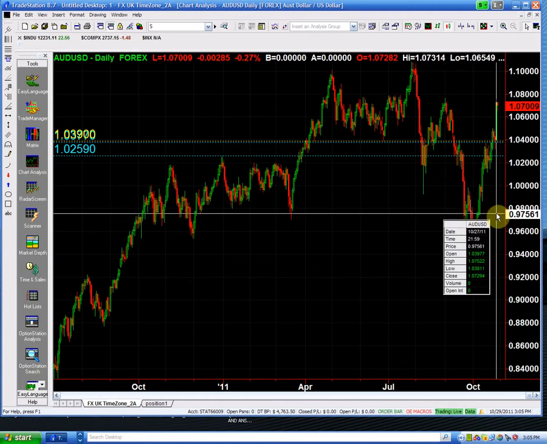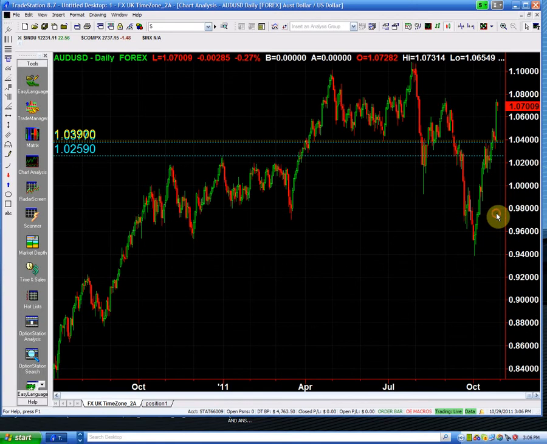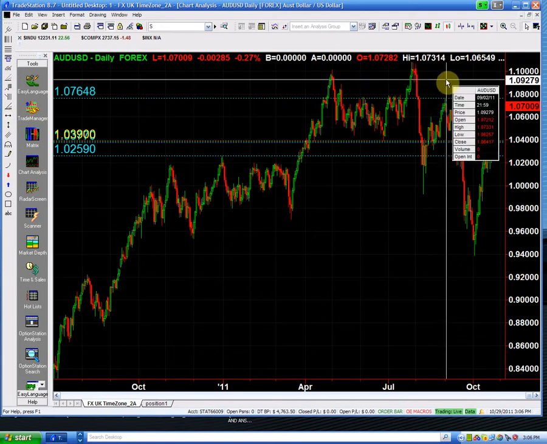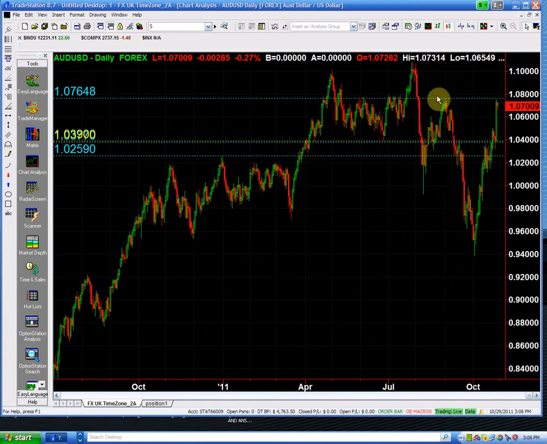The high that we put, we actually didn't test that high yet. The high was 107.50. So what we're going to do, on 764.